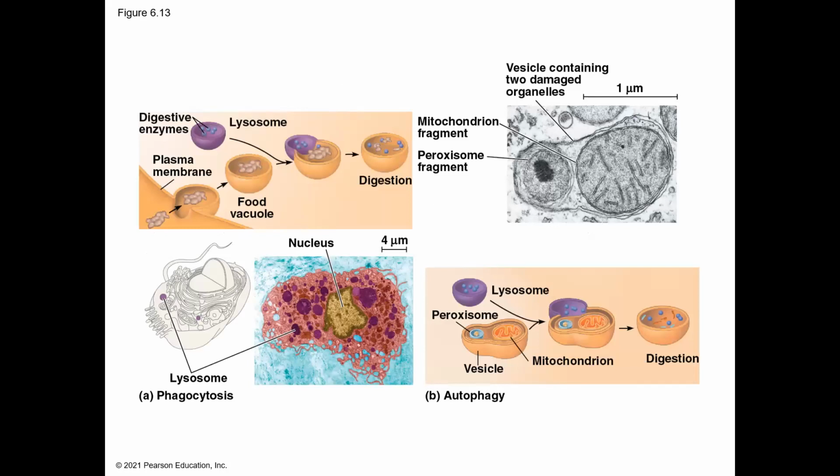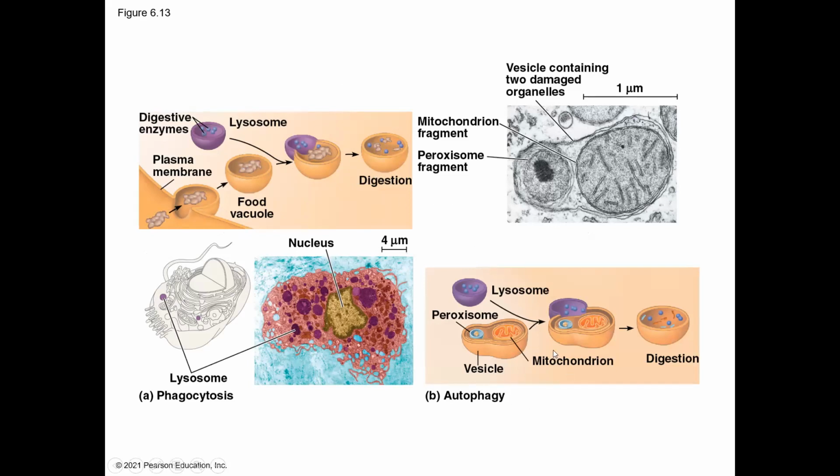And so, what you're seeing here in this image is the two different ways that lysosomes can work. If, for example, a cell phagocytizes something, it brings something into the cell, the lysosome will fuse with that, and its digestive enzymes would then break it down into its chemical components.